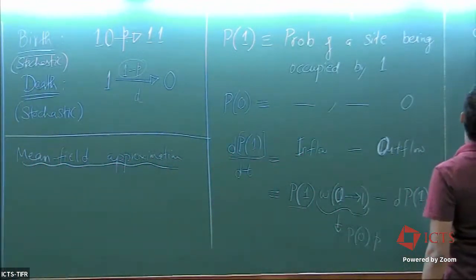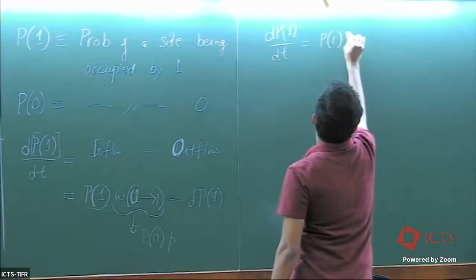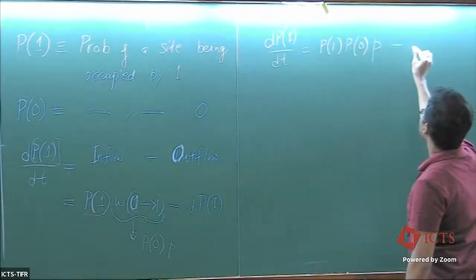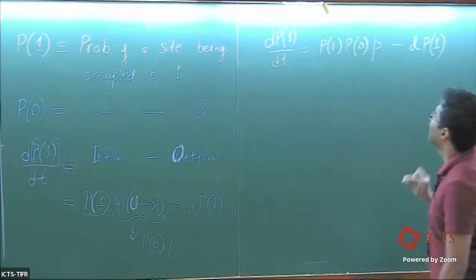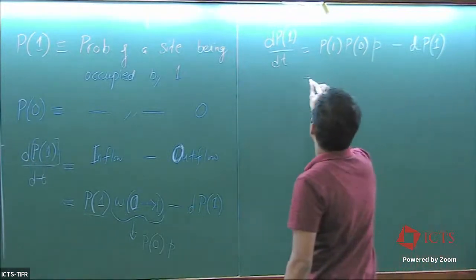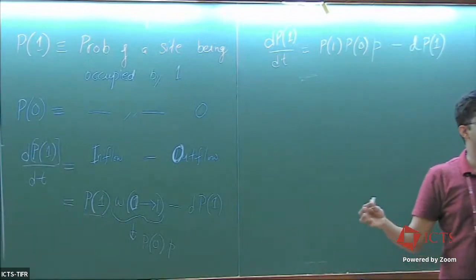Okay. So basically, dP1/dt is equal to P1 times P0 times p minus d times P1. Does everyone agree with this? Okay, so what is this now? Okay, now here, let's simplify the notation a bit.